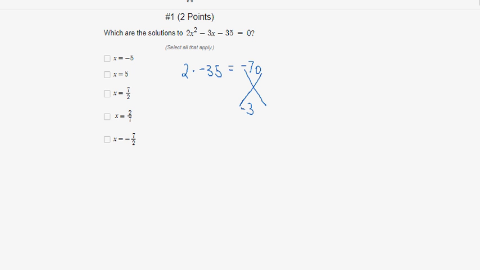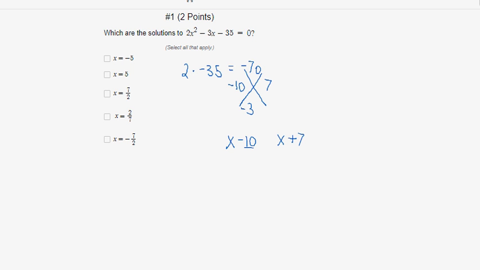So our factors of 70, let me see, hey, what about 7 and 10? So we're looking at -10 and +7. So we have x minus 10 and x plus 7. All right, these are the factors of the quadratic expression.